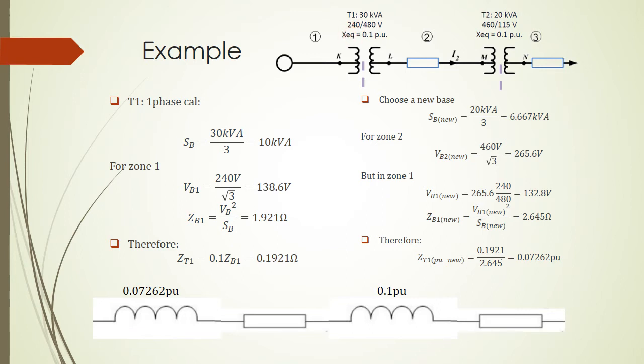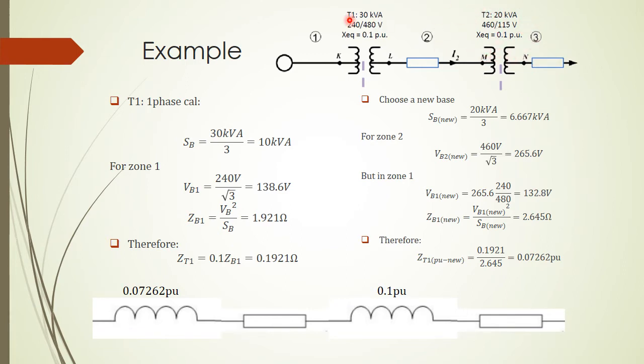This XEQ means the equivalent reactance. It is 0.1 pu, and this pu is per unit referred to the base here. The same applies for transformer 2.